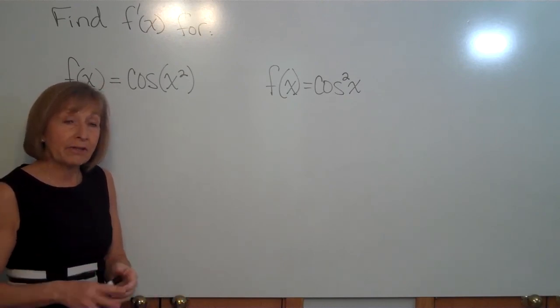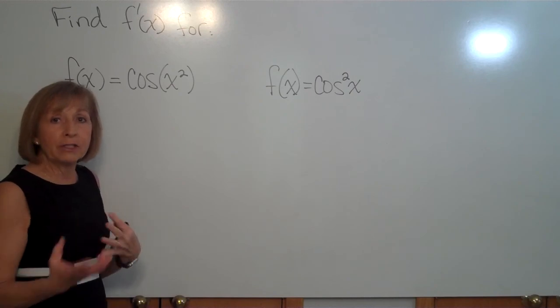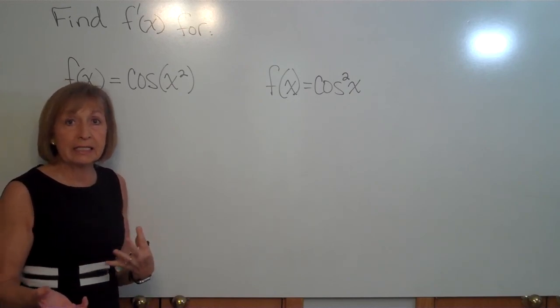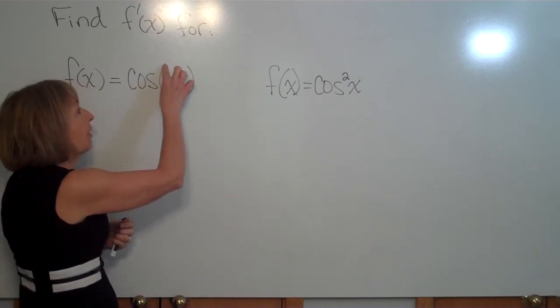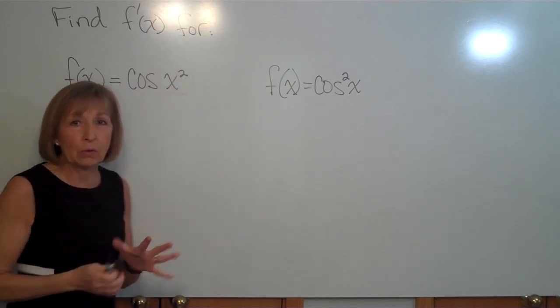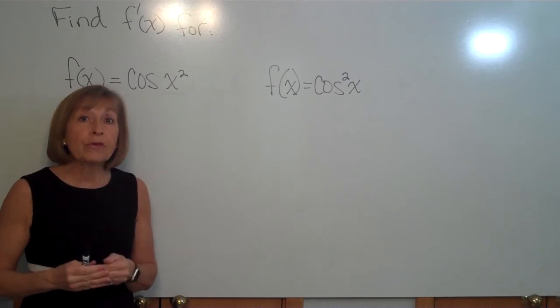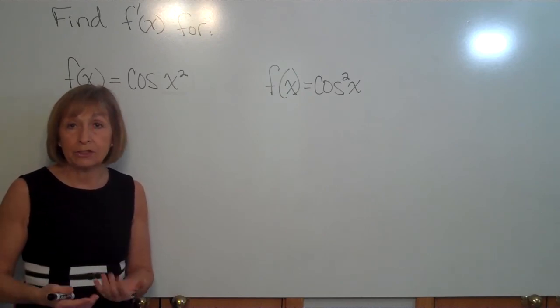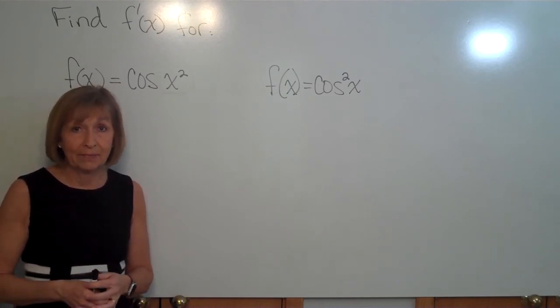So I have a composite function here. There will also be times where it's just written as f of x equals the cosine of x squared. Both of those ways of writing it mean the same thing.